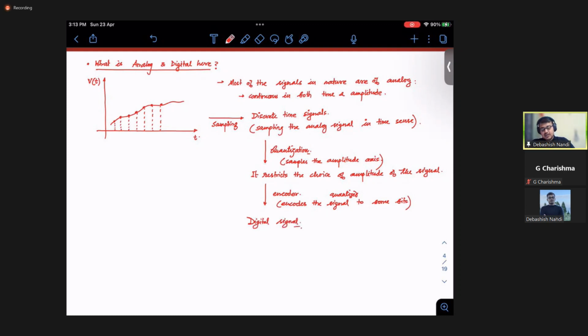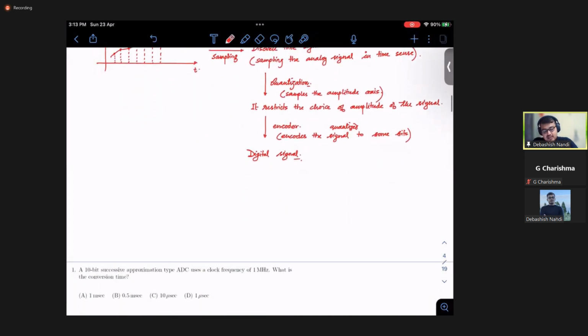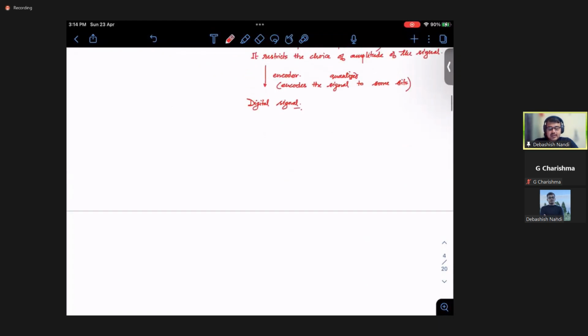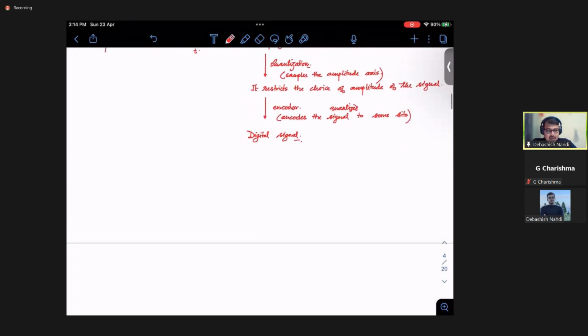You must have studied that digital signals are more convenient to work with because of their inherent properties, like immunity to noise and regenerative repetition. There are many things, and processing is much easier. So digital signals are preferable over analog signals.